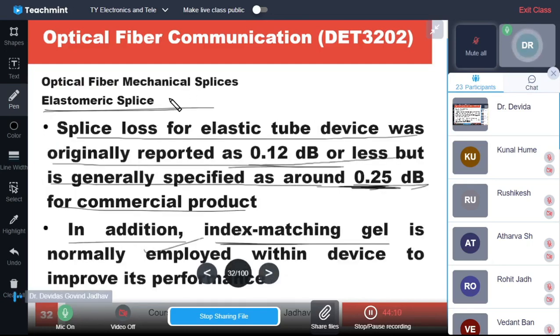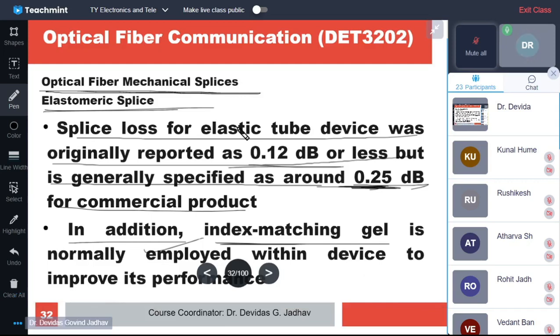So till now we have seen optical fiber mechanical splices. Two joining techniques are there: one is splicing, the second is connectors.